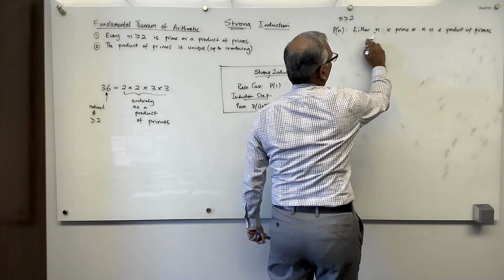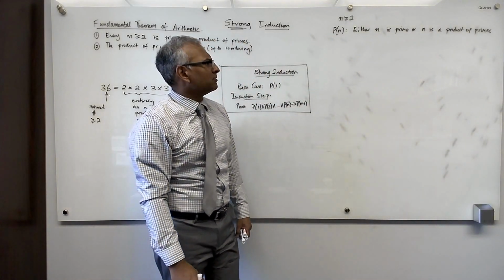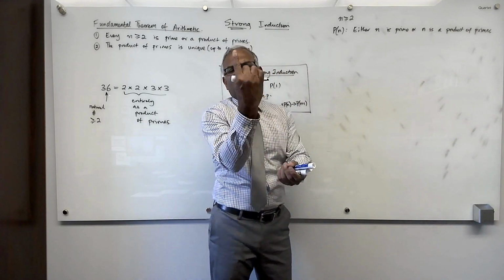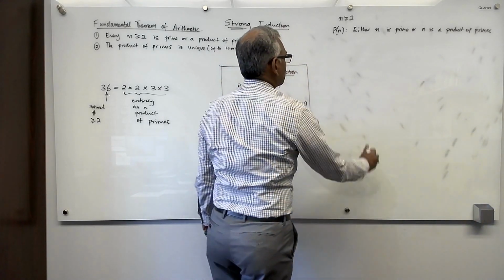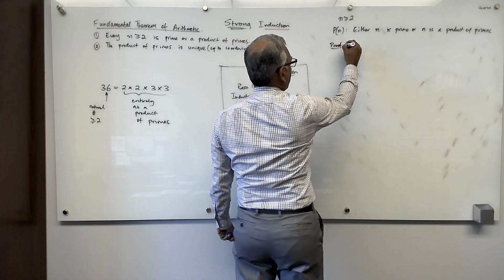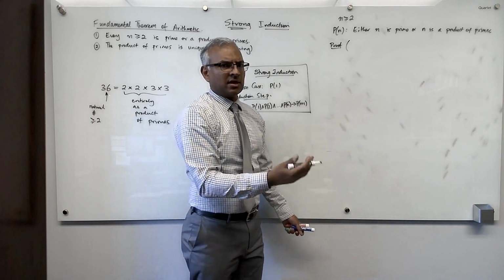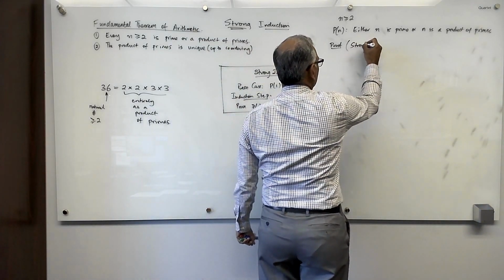Sometimes we can even ignore the clause either n is prime, because if n is prime, it's a product of one prime. Okay, so proof. Typically we just say by induction, but I'll be specific here: by strong induction.